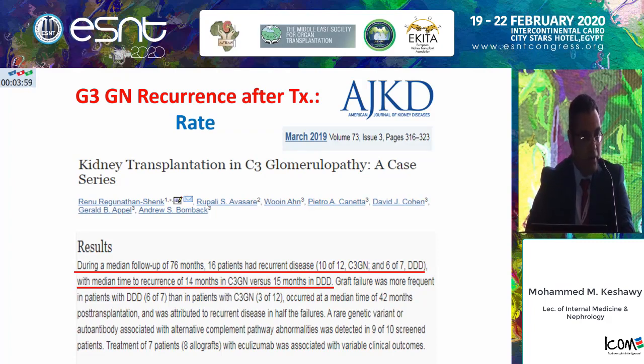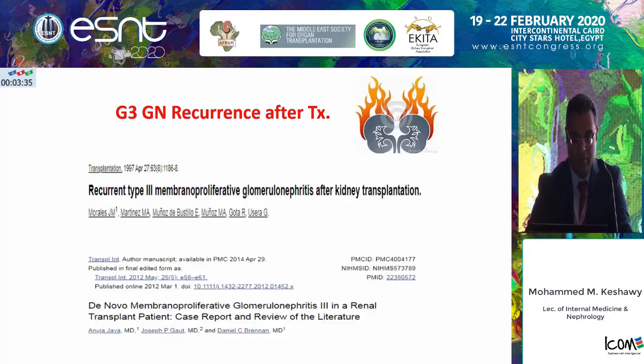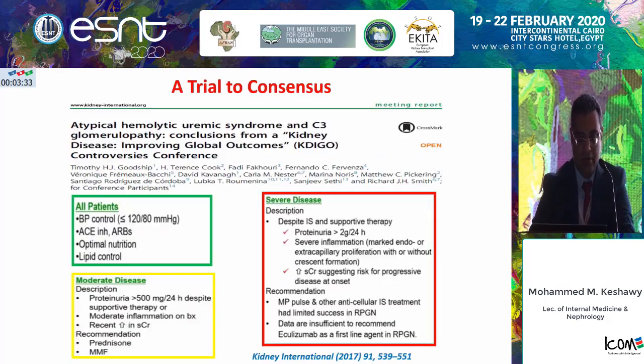During the follow-up of patients with dense deposit disease and C3 glomerulopathy, 10 of 12 patients with C3 glomerulopathy in this cohort showed recurrence, while 6 of 7 dense deposit disease patients showed recurrence, with a median recurrence of 14 to 15 months.